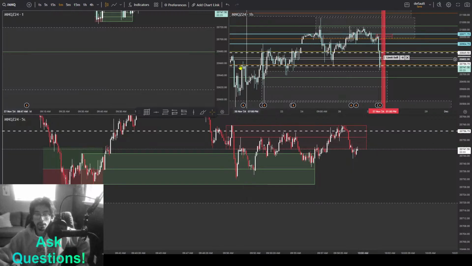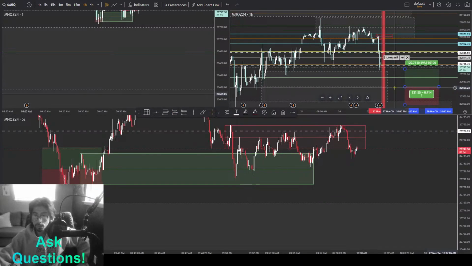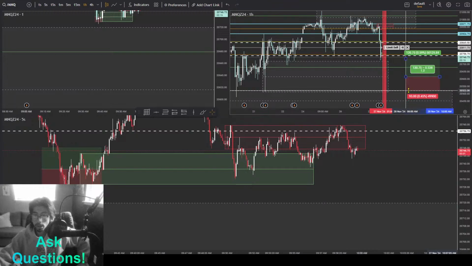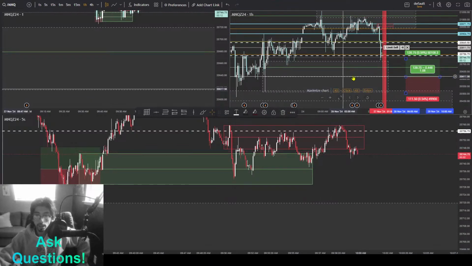I don't know if I'd even be able to take this trade because the zone's too big. Yeah, I wouldn't. I'd risk way more than I need to.